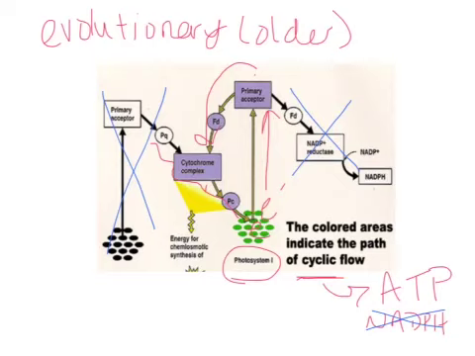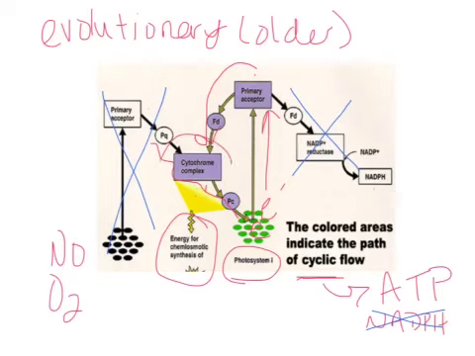We're not splitting water, so this would not release any oxygen. There's no oxygen released during cyclic electron flow because there's no water being split. But it is producing ATP because it's traveling down this electron transport chain, which, remember, provides the energy to pump the hydrogen ions.